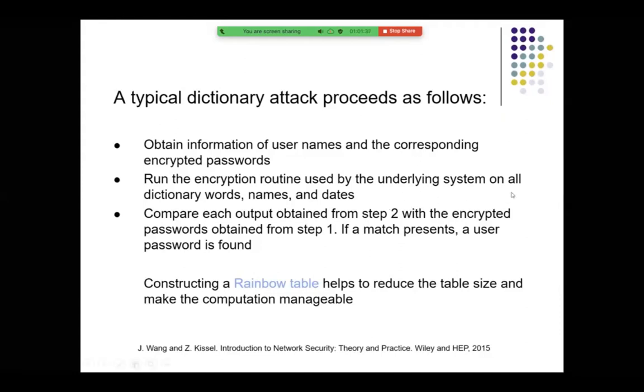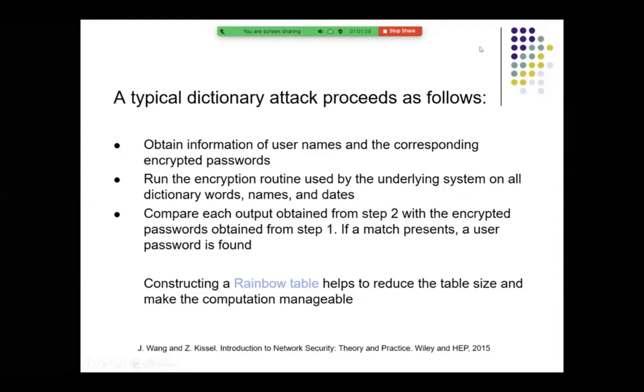These passwords could be English words, names, dates, and some combination of these, and maybe also some numerical values. So these are possible passwords.